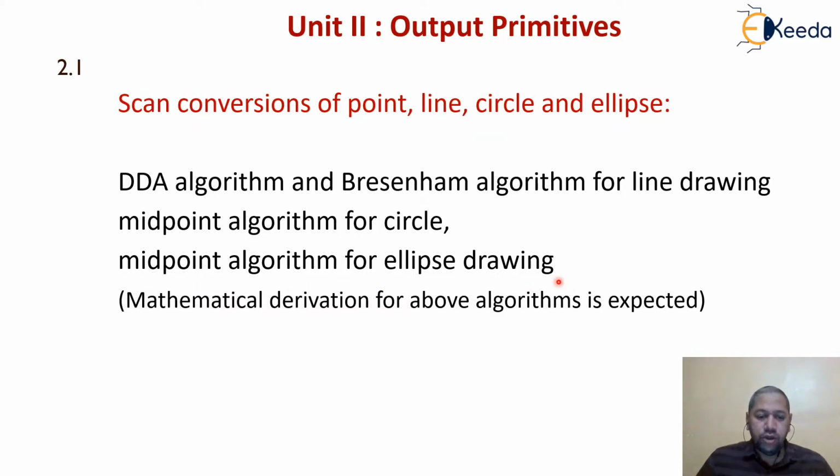In all these algorithms, as mentioned in the syllabus, we are going to focus on mathematical derivation of the algorithm. We will consider mathematically how the algorithm works, and which equations or formulas are used in it.